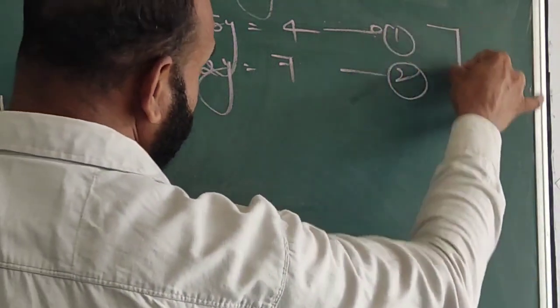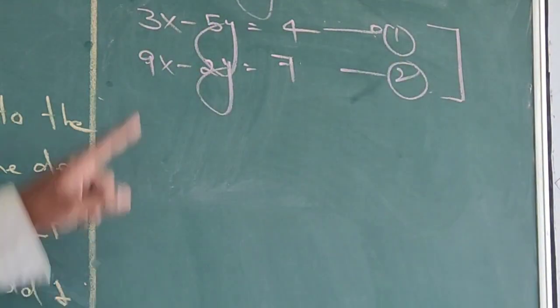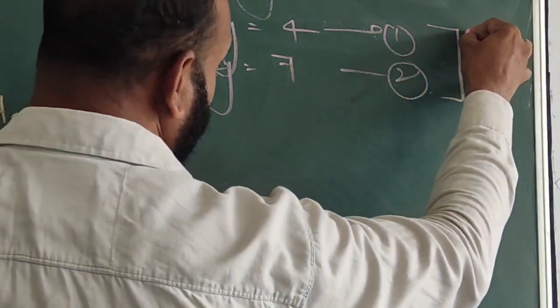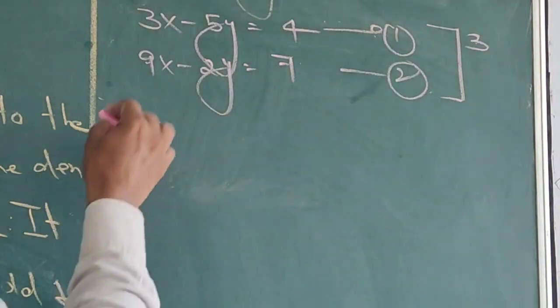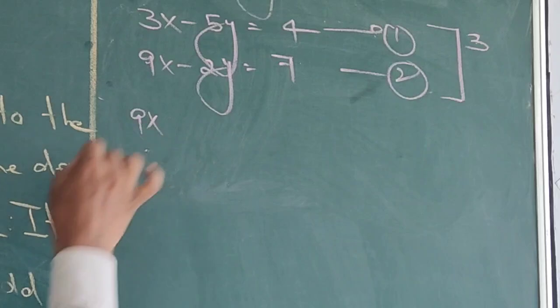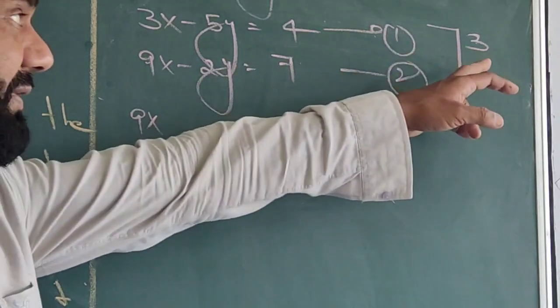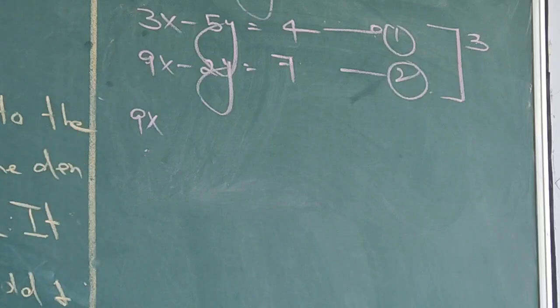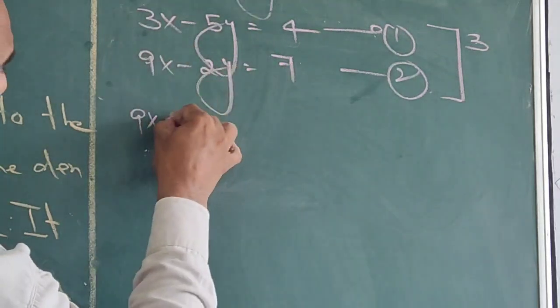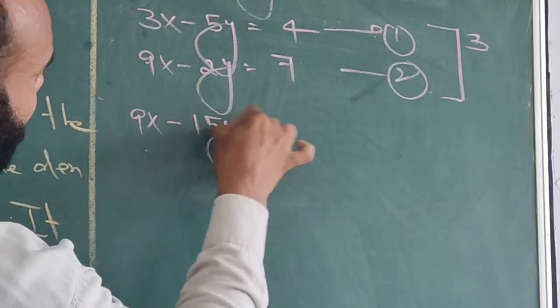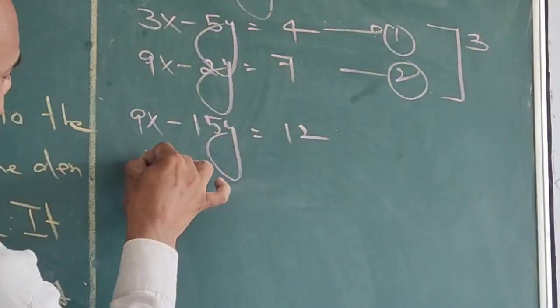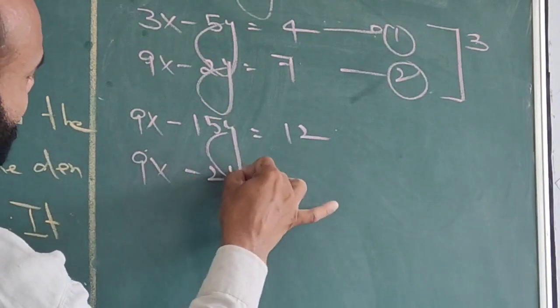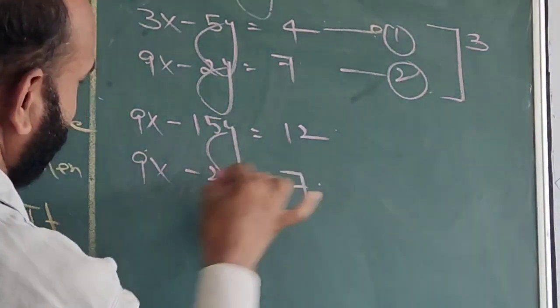So for this purpose we multiply the first equation by 3. Then we get 9x, and 9x and 9x are the same term. Therefore, 9x minus 15y is equal to 12, and secondly, 9x minus 2y is equal to 7.